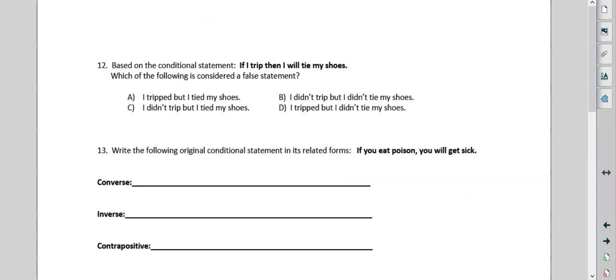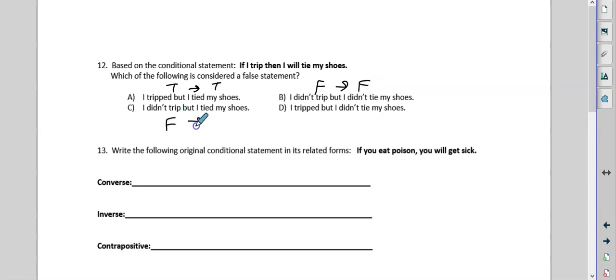All right, number 12. Based on this statement, if I trip, then I will tie my shoes. Which of the following is considered a false statement? Okay. I tripped, I tie my shoes. I didn't trip, I didn't tie my shoes.